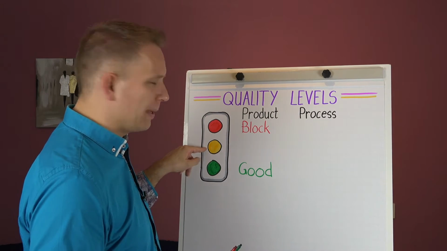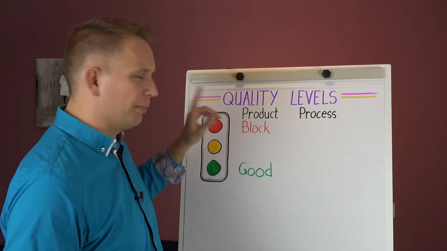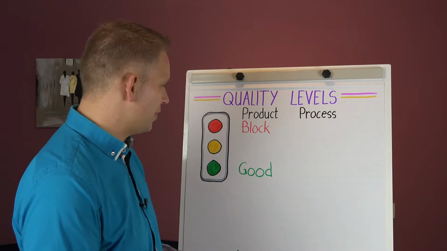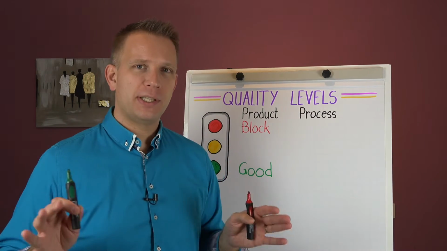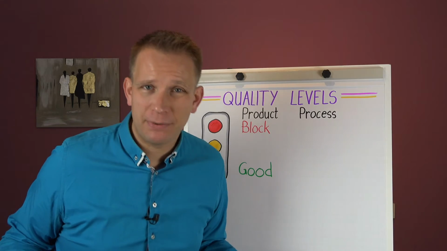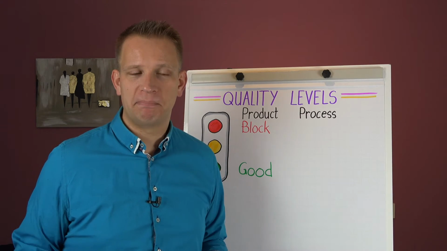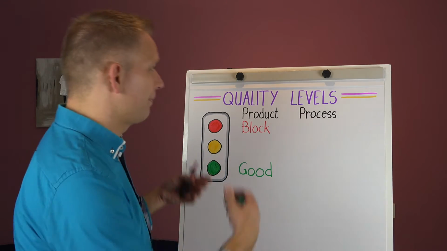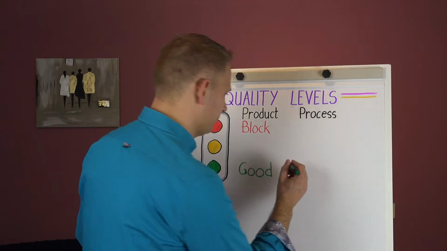For the orange, we don't really care about the product. This is where we get to that process. So as long as we still say, everything's behaving fine, there's really nothing to worry about, the process is good, right?